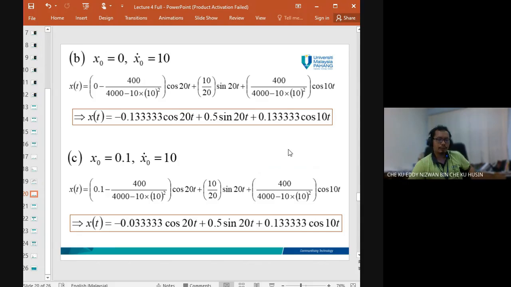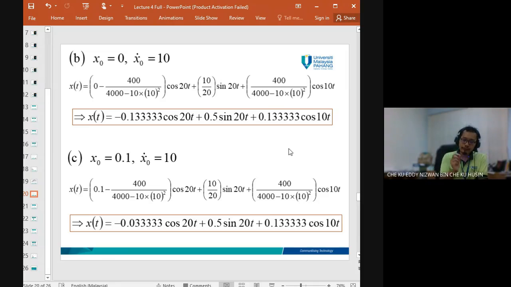The most important thing you have to know: if the question gives initial conditions, then you have to consider the total response. If there is a force and initial conditions are given, then you have to solve the total response. But if the question asks to solve the particular solution, then you just consider the particular solution.